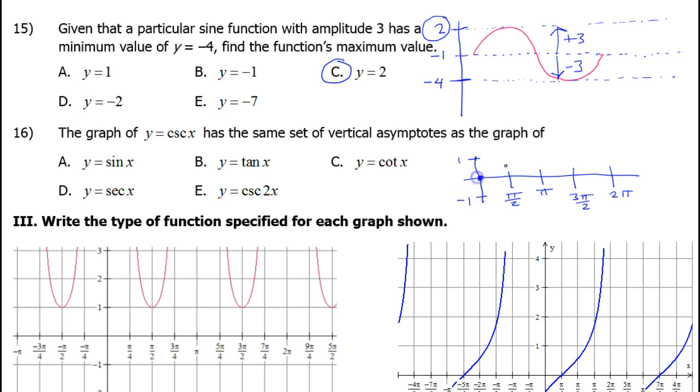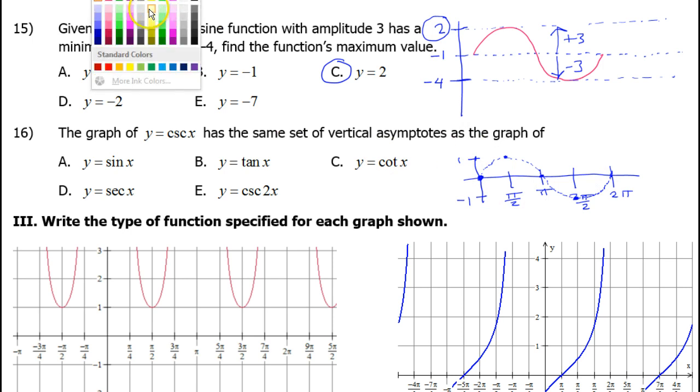The sine function will start here, and it will go up, and it will go back down, and then it will go down and back up. So if I'm graphing cosecant, I leave my sine function as a nice dotted line. Okay, so there's my sine function.